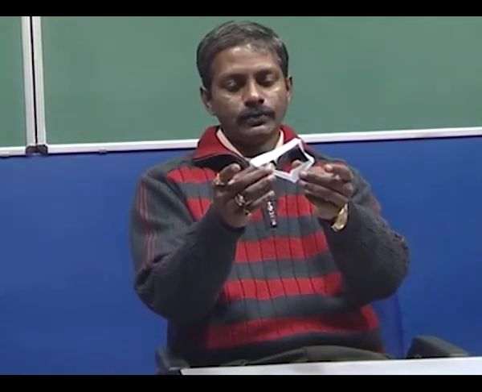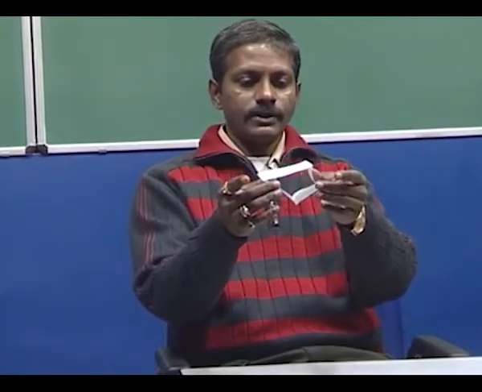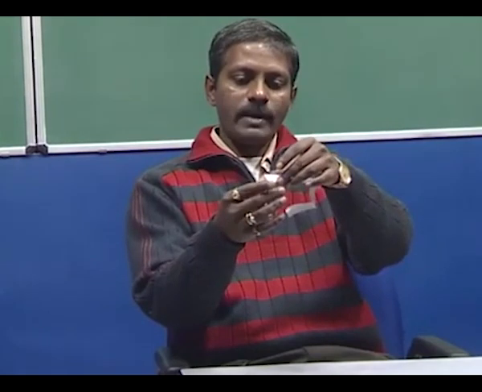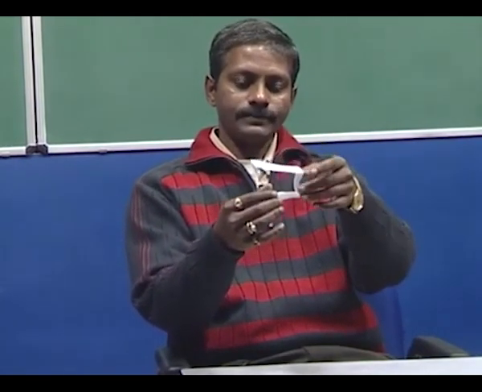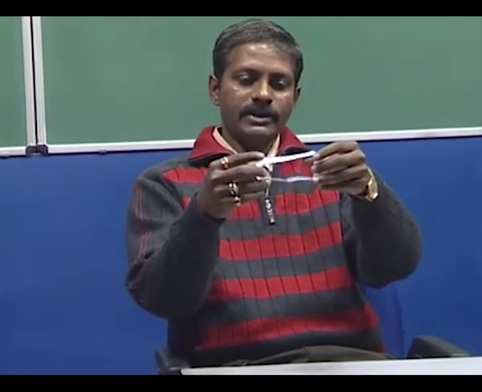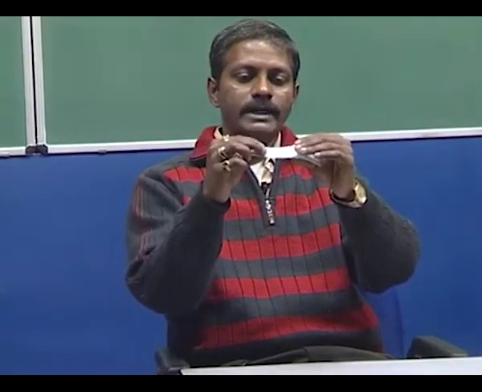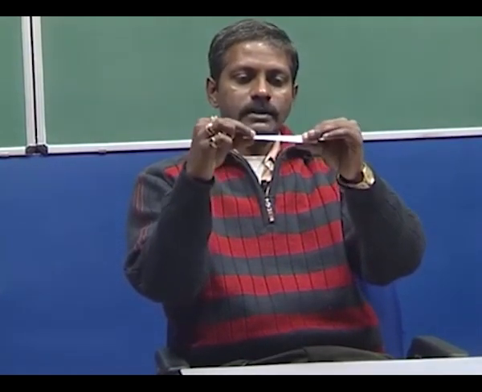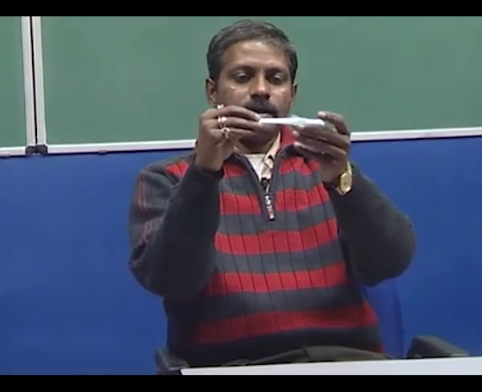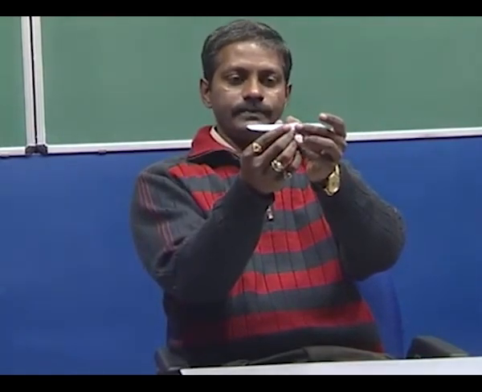But whatever I do, so long as I am not performing any cutting or gluing operation, if I stretch it fully, this will always be a loop no matter what. This will not become a straight line.